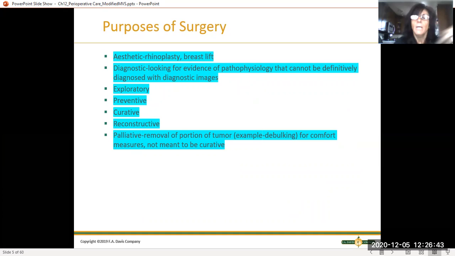Okay. Preventative surgery is, and I use Angelina Jolie as the example for this. There are genetic blood tests that we can do that will determine what kind of a risk we are for things like breast cancer, ovarian cancer, right? And so Angelina Jolie had this blood work done, and it found that she was a very, very, very high risk for both breast cancer and ovarian cancer.